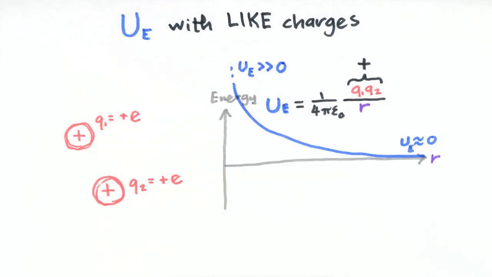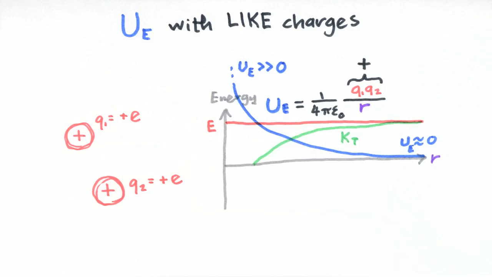Let's look at the full energy graph, including both the total energy and the kinetic energy. Notice we can only have the total energy E greater than 0, that is, total energy E positive, for any finite separation, because the electric potential energy is always positive for like sign charges, and kinetic energy can never be negative.